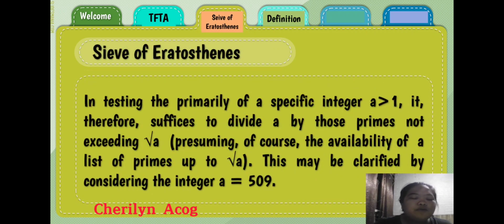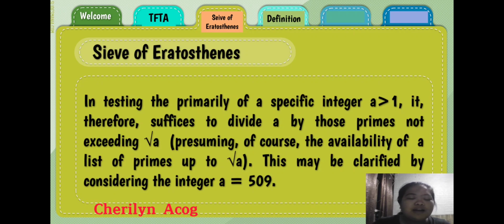In testing the primality of a specific integer a greater than 1, it is sufficient to divide a by those primes not exceeding the square root of a.